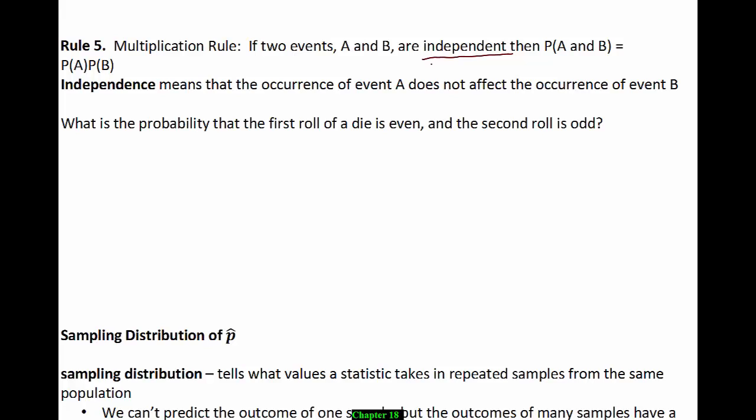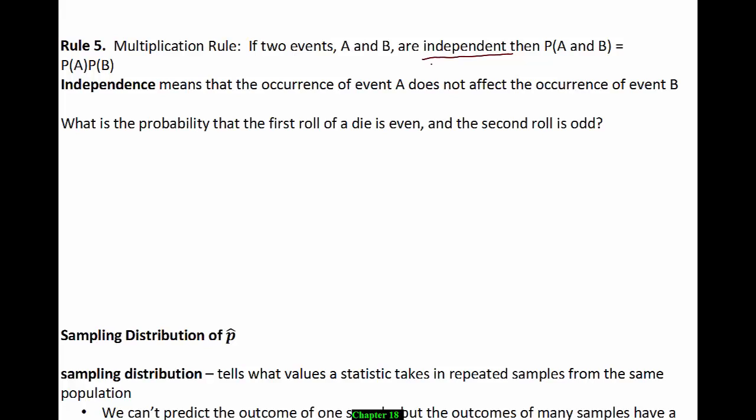If I gave you the additional information that they have a size 15 shoe, that would change your idea of the probability of them being over 6 feet tall, right? So in that case, your height and shoe size are not independent because knowing one affects the probability of the other one.